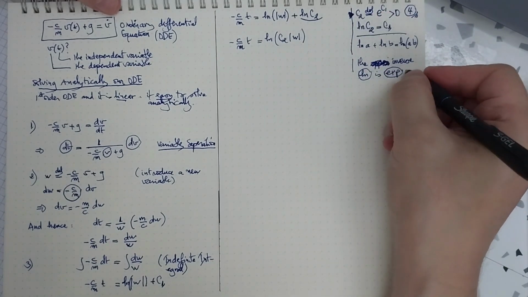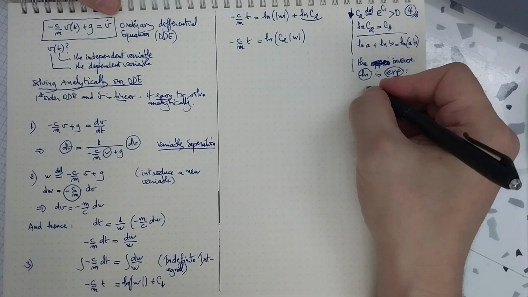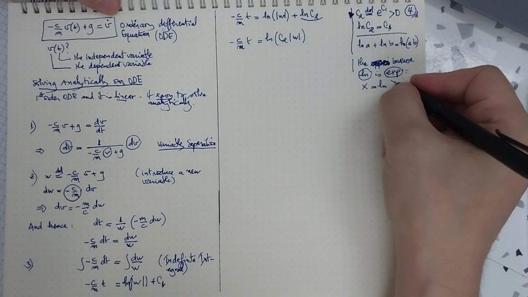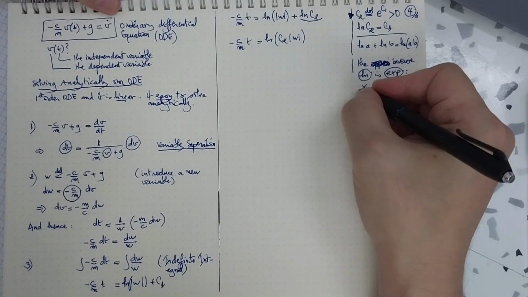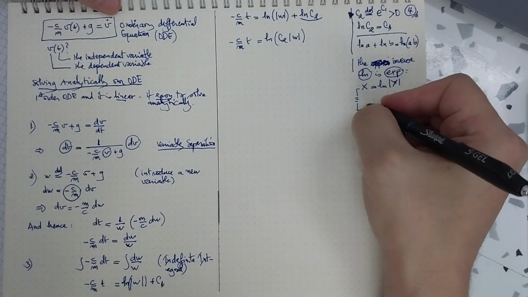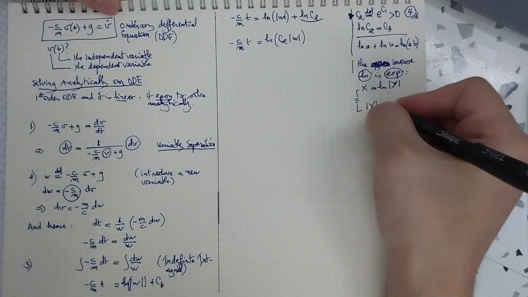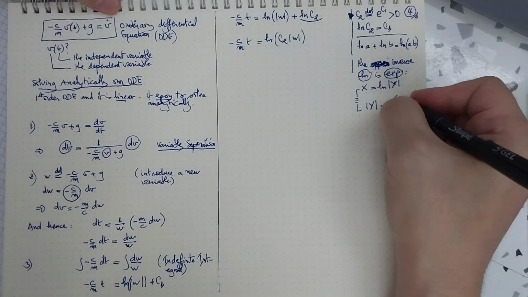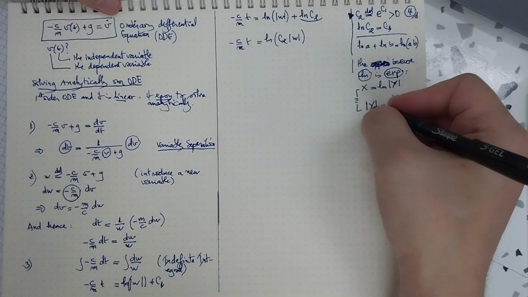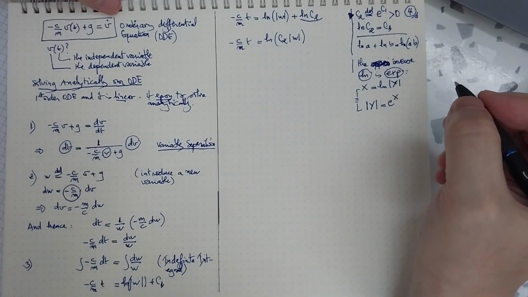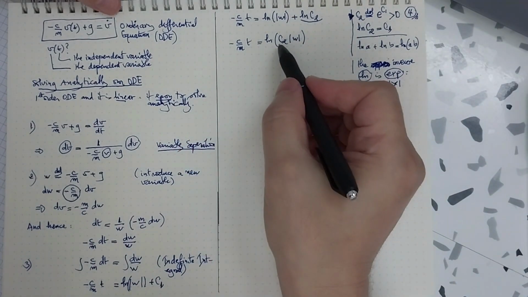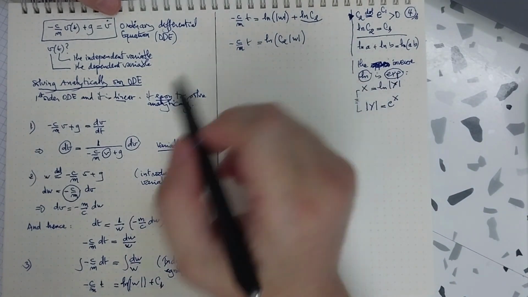It is the exponential. It means that if we have x equal ln of the absolute value of y, this is equivalent to saying that the absolute value of y equals the exponential of x. This term is always positive. So that's why we use the absolute value. We apply that here. This is y, and this is x.